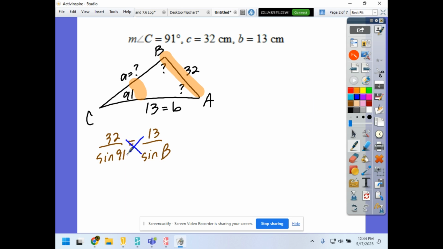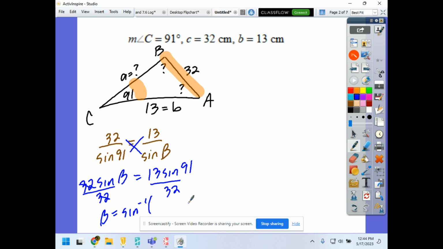So sine B times 32 is equal to 13 sine of 91. Divide both sides by 32, cross it out, and you get the inverse sine, or arcsine, of 13 sine 91 over 32.